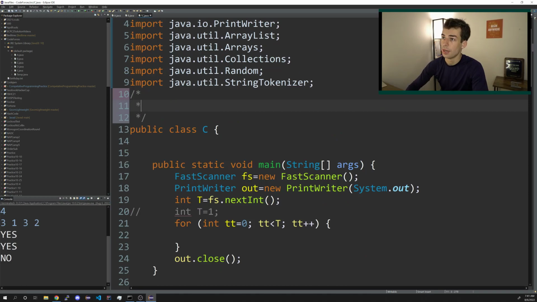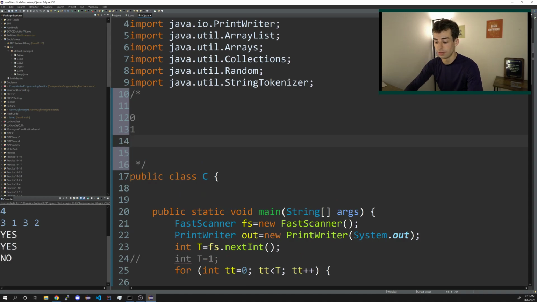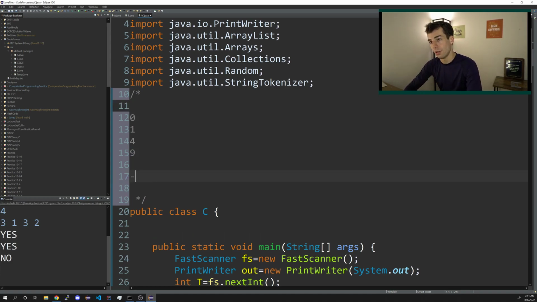So let's think about this for a minute. 0 is a square, 1 is a square, 4, 9, and some other stuff, but we'll leave it at this for now. So we can get 0, 1, and then we can get things up to 4.